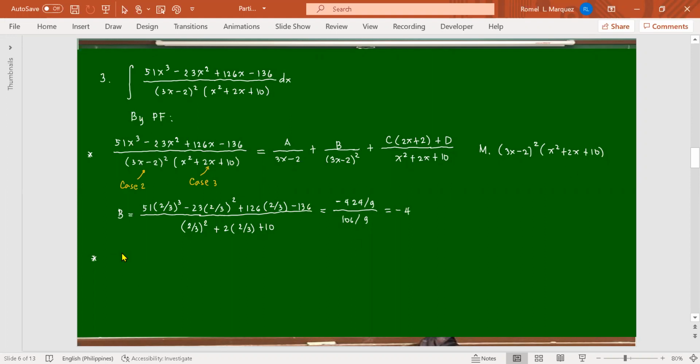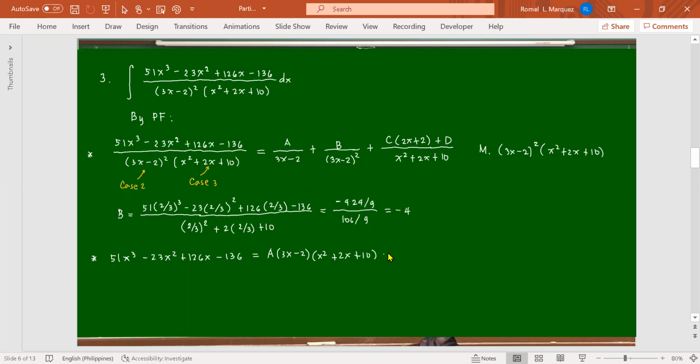So getting 51x cubed minus 23x squared plus 126x minus 136, and that is equal to A, multiplied here. So 3x minus 2, one is left together with x squared plus 2x plus 10.